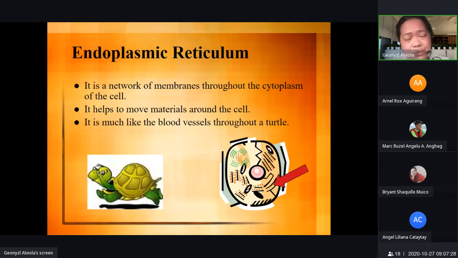If you're going to draw a cell and locate the endoplasmic reticulum, it should be near the nucleus, because based on its function, it is coordinating with the nucleus in terms of ribosome synthesis and protein synthesis. So, the endoplasmic reticulum and the nucleus.